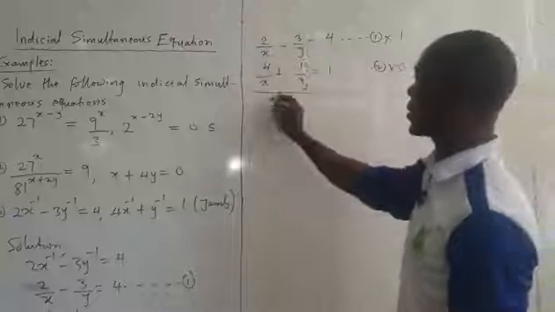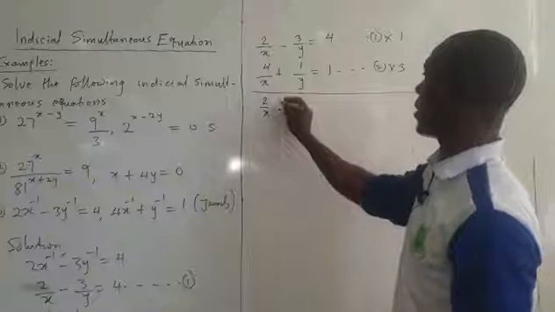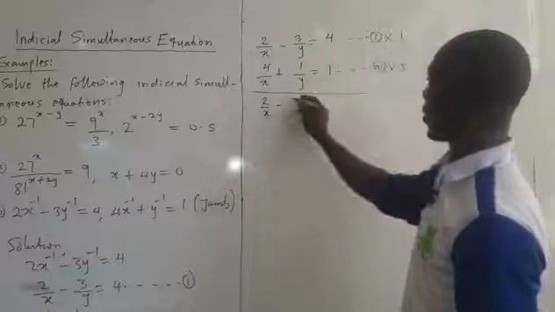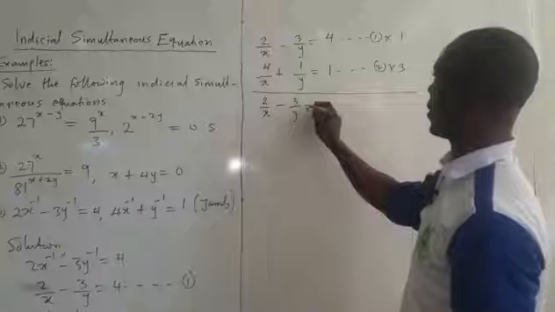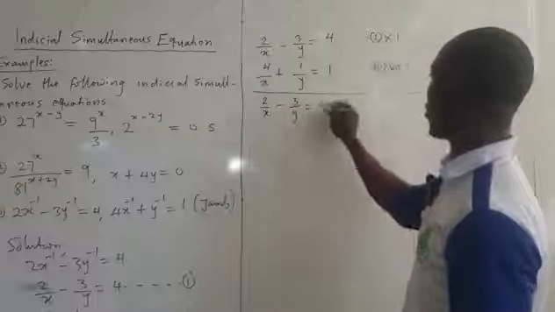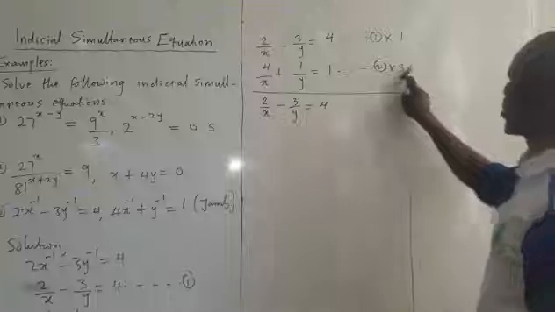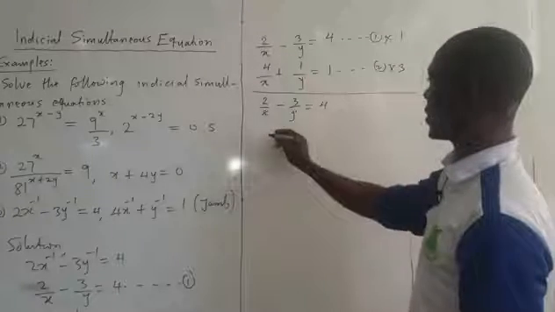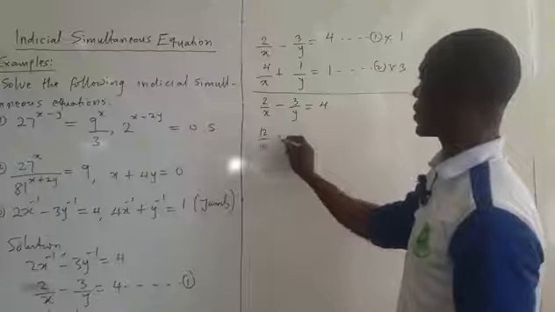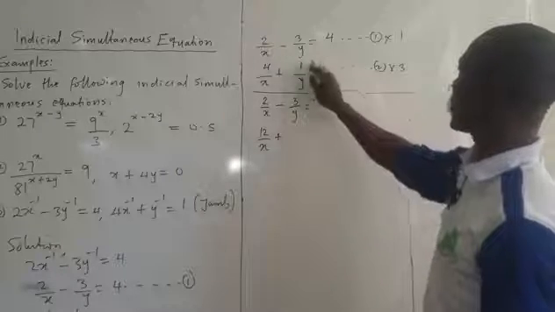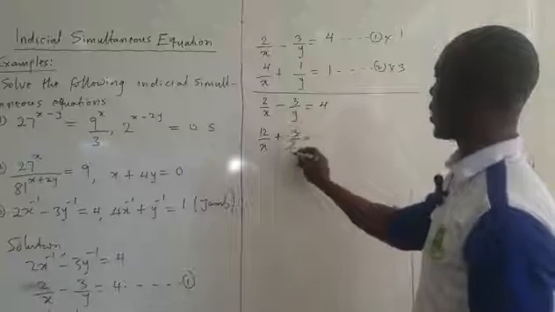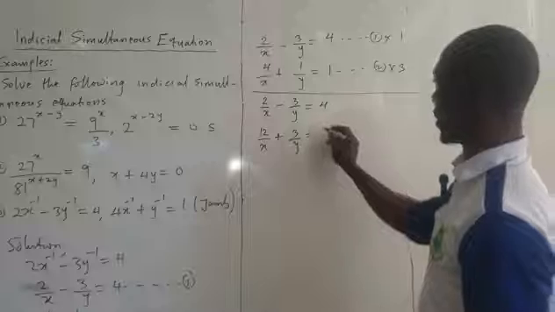So here, I'm using the elimination method. 1 times 2 over x, that's 2 over x, then minus 1 times 3 over y, 3 over y, equals 1 times 4, 4. Then the second equation, 3 times 4 over x, that's 12 over x, plus 3 times 1 over y, 3 over y, equals 3 times 1, 3.